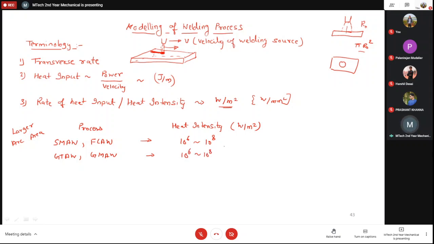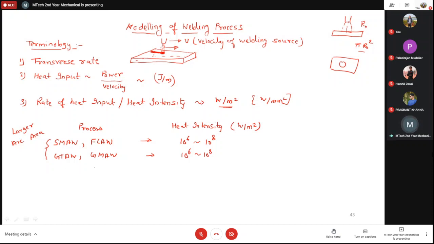Okay, so they will have a slightly better heat intensity because they will have the smaller electrode. So based on the type of electrode, the thicker the electrode we use, the heat intensity will decrease. The smaller the electrode we use, the heat intensity will increase.